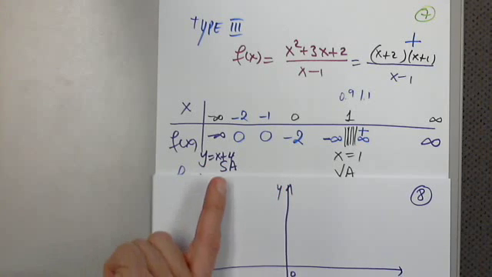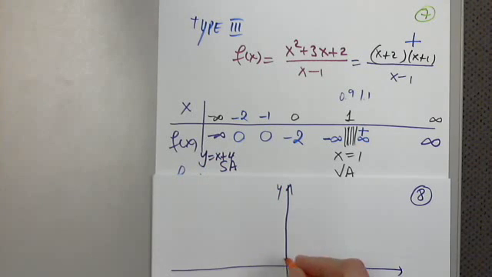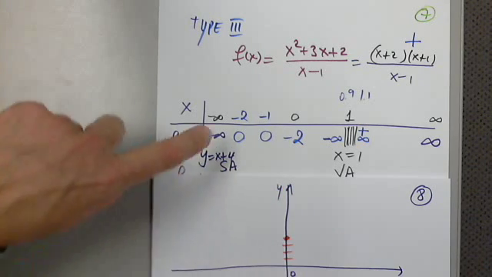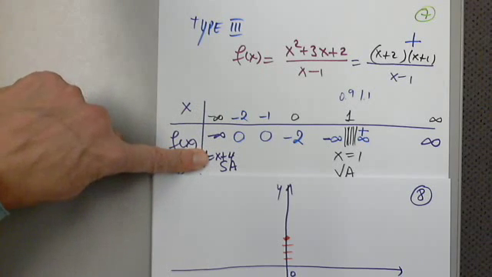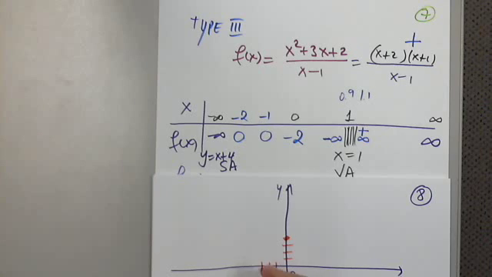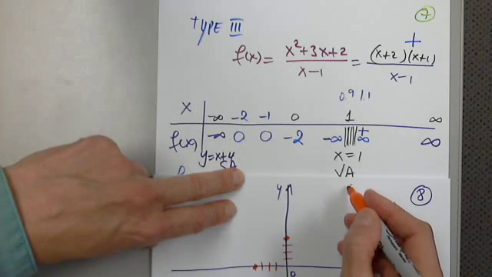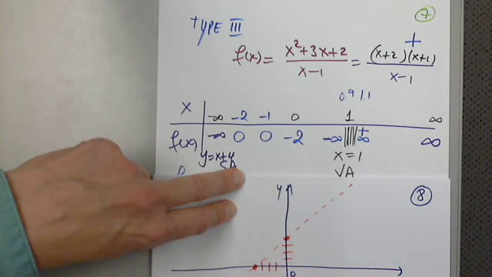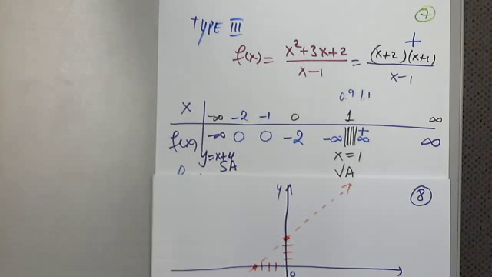Good. When y is 0, move 4 to the other side. Negative 4. So here's the first asymptote, the slant, y equals x plus 4.